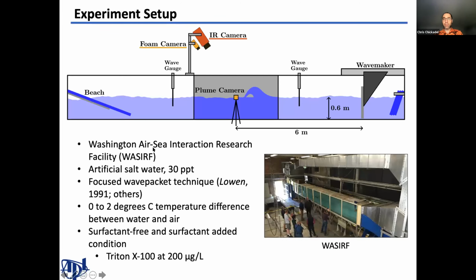So to do this, we set up some experiments in the Washington Air-Sea Interaction Research Facility called WaveSurf. This actually is a repurposed NASA flume that was called NASIRF and reinstalled in Harris Hydraulics Laboratory at the University of Washington. There's an image down below. We filled it with artificial salt water, to about 30 parts per thousand.